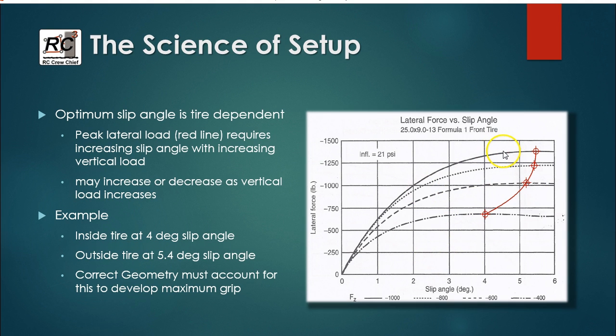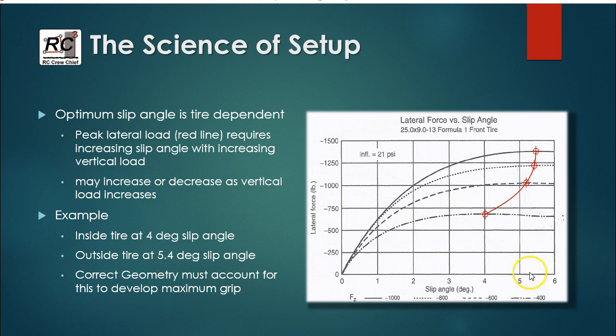So we've got our little graph from episode 1 here up, and in that episode we connected the peak of all the lateral force curves together. So each one of these lines represents a vertical force of, in the case of the top curve, 1,000 pounds.